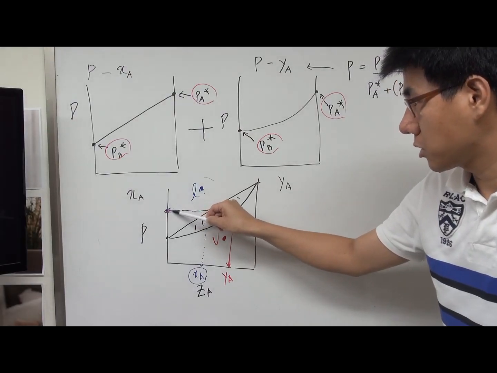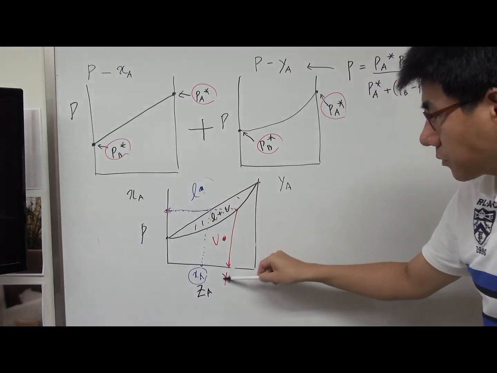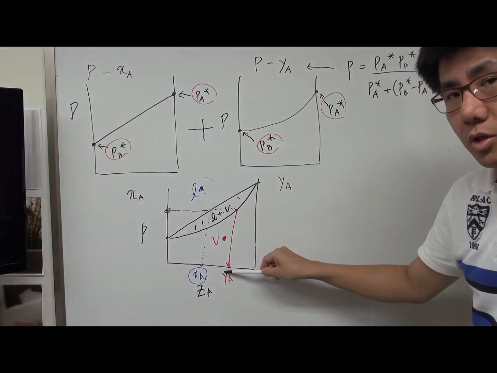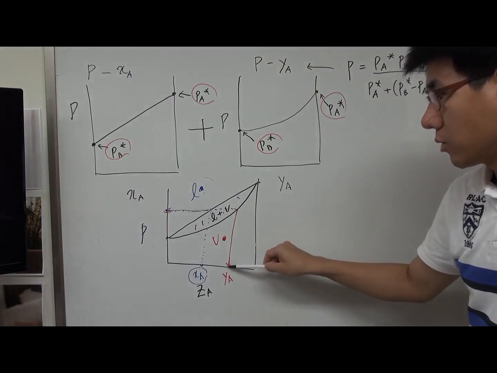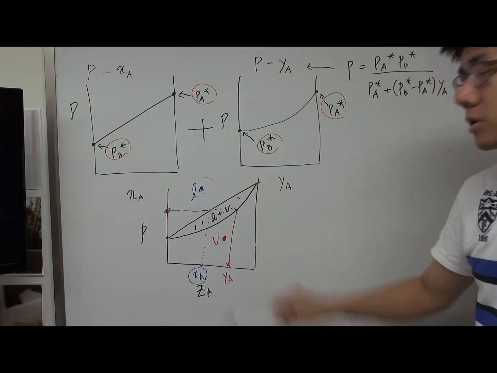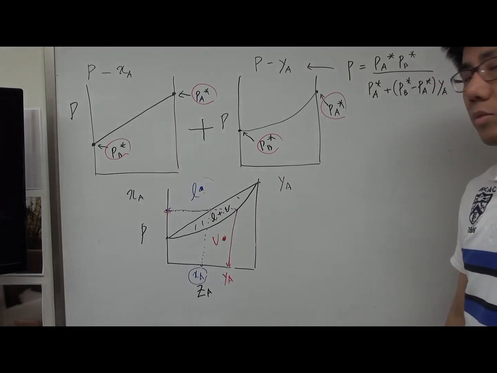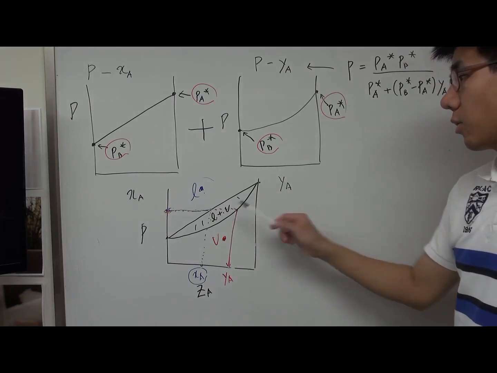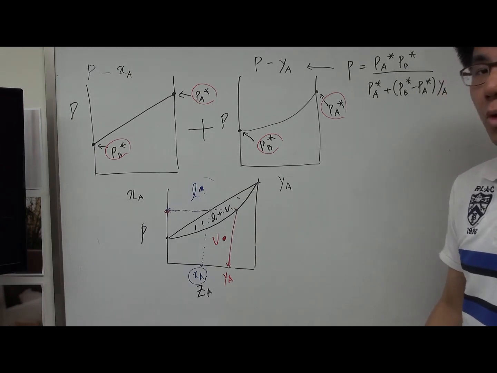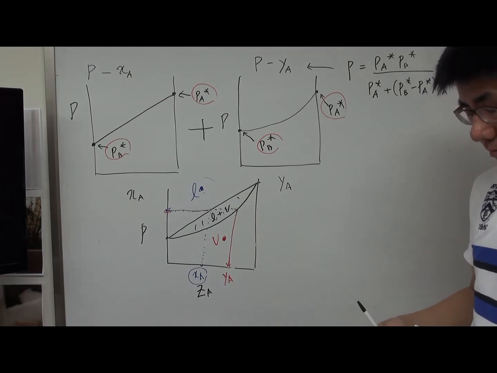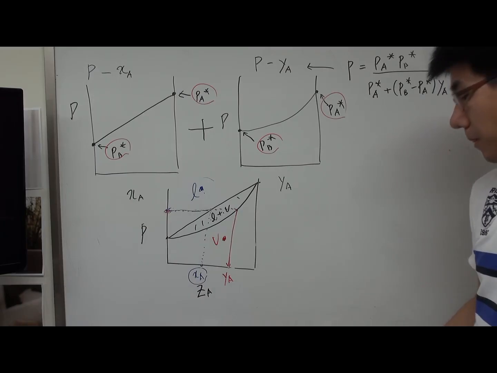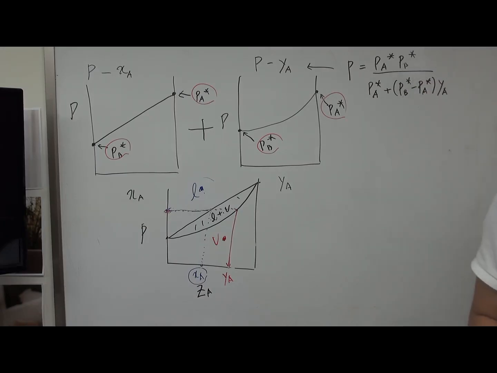When the total vapor pressure is here, the composition in the gas phase is here, YA. So this area basically represents the place at which both liquid and vapor coexist. Alright, let's do the interpretation of the diagram a little more.